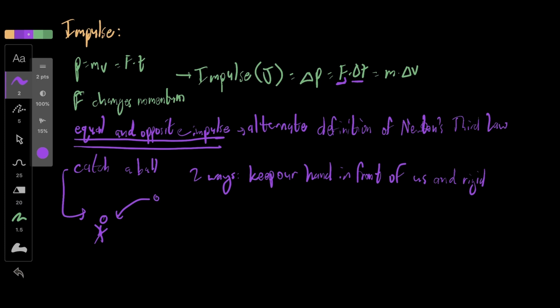That's why it hurts. Or we could catch with the ball, or give in to the ball. Then we would be absorbing the force, but instead of absorbing the force as we normally say, we would just be spreading that same amount of force over a larger interval of time, thus still canceling out that momentum and energy.